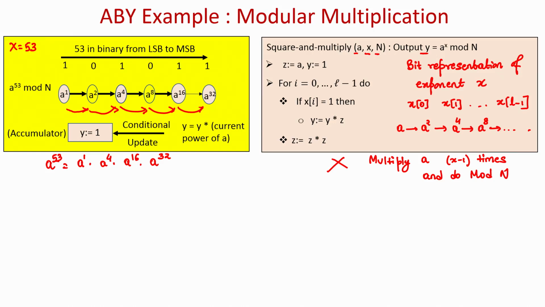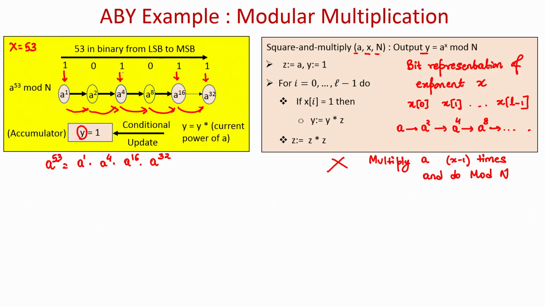The powers of a which we are accumulating will be stored in an intermediate result y, and once we have accumulated all the required powers of a, we have the final result ready in y. So, depending upon the bits of x from LSB to MSB, we can identify which powers of a we have to consider and which we have to ignore.